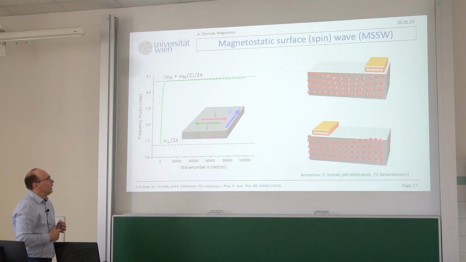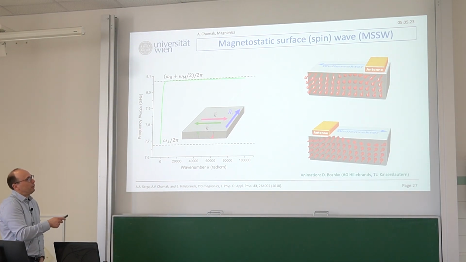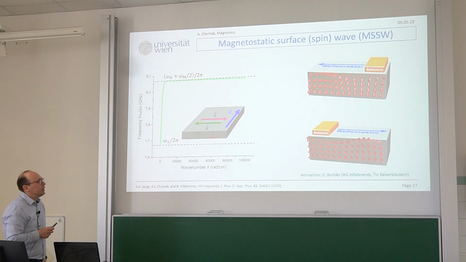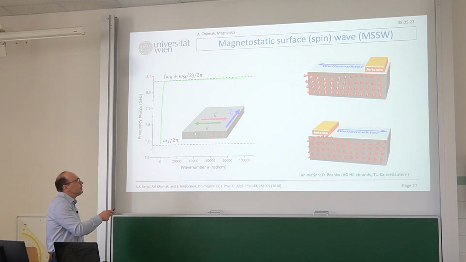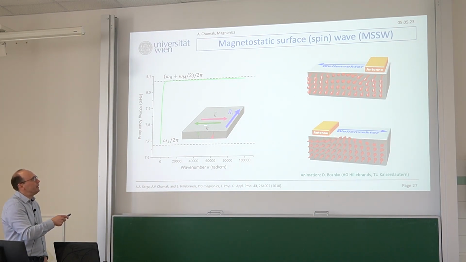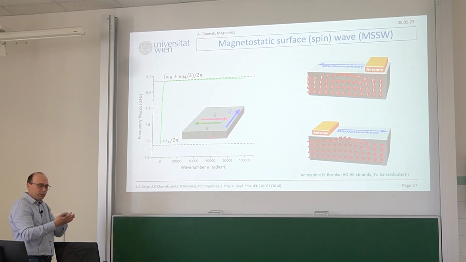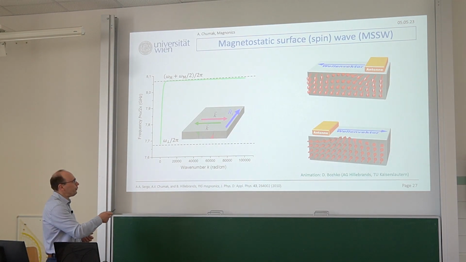Okay, now let us come back to this point. So for the dispersion, what is drawn here is that the wave which propagates in one direction, this green one, suppresses its magnetization to the top surface of the film. The wave which propagates in the opposite direction runs over the other surface of the film.